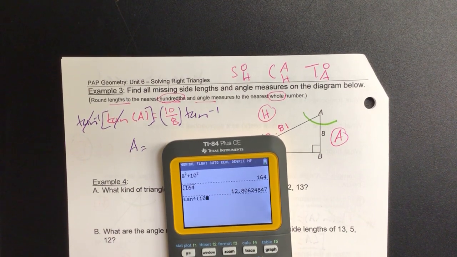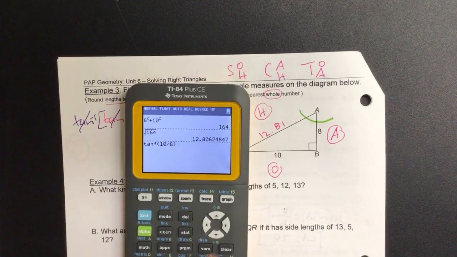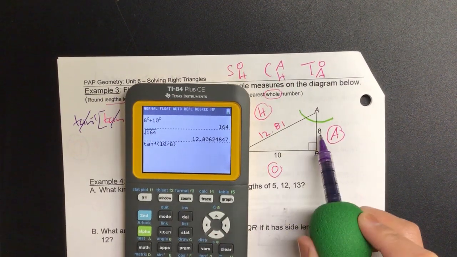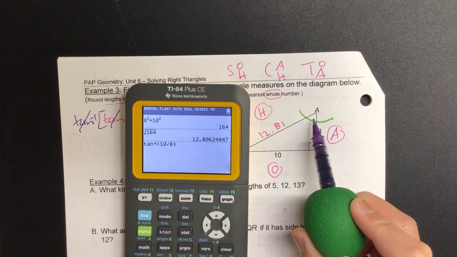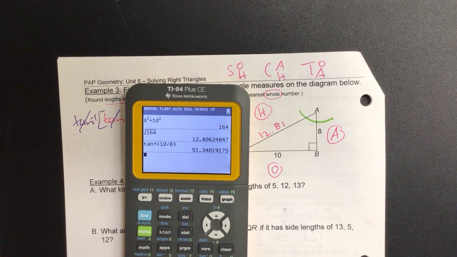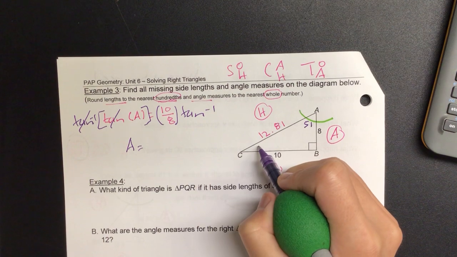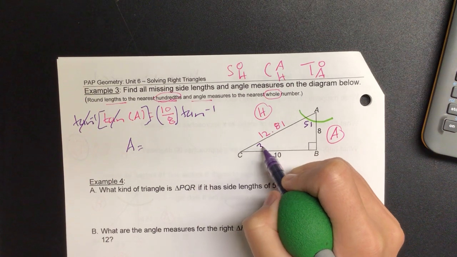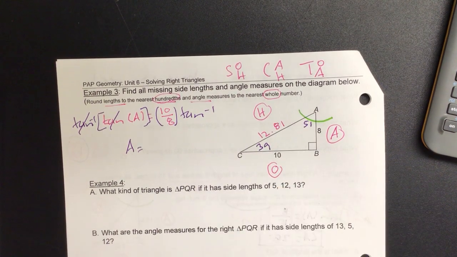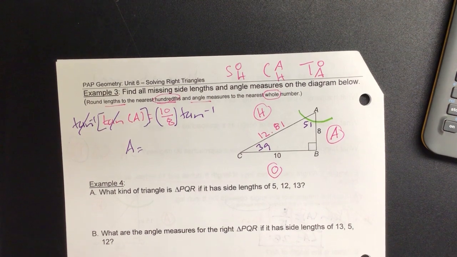Second tangent of 10 over 8. Let's anticipate something. 10 is greater than 8, so the angle opposite 10 better be greater than 45 degrees. Correct? Yeah. Is that true? Yep. So here's our 51 degrees. Then the other by the triangle sum theorem must be 39. So did I find all the sides and angles then? Boom, done.